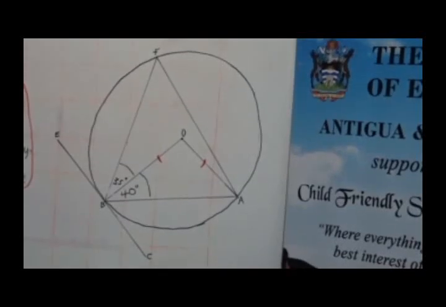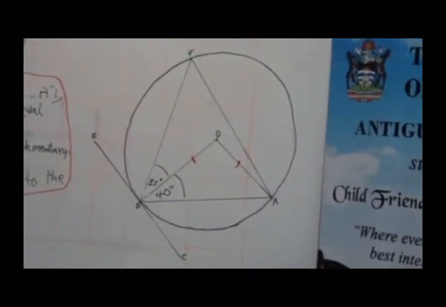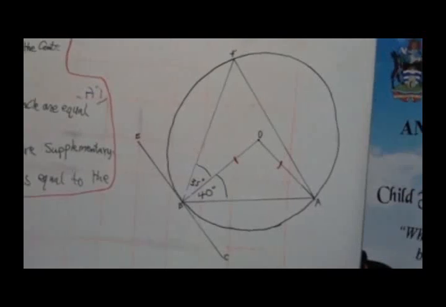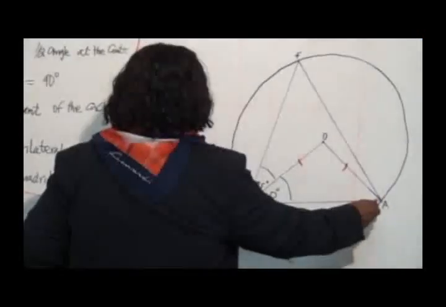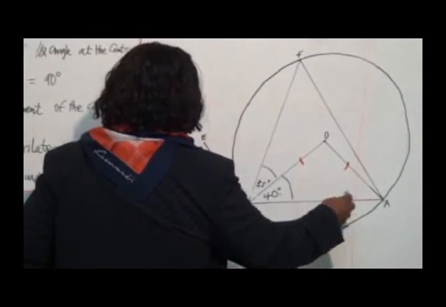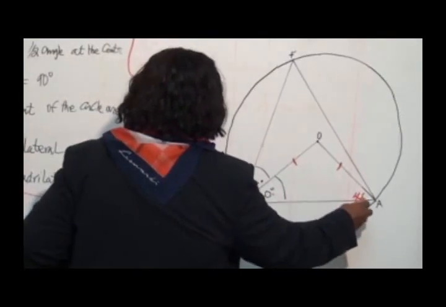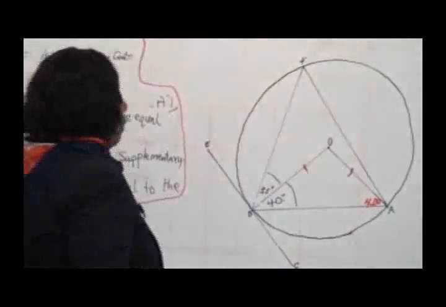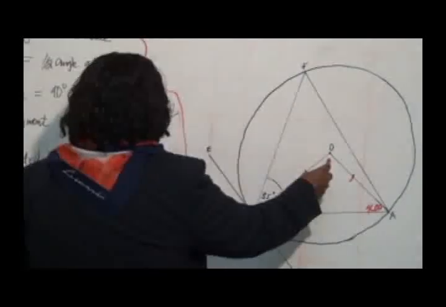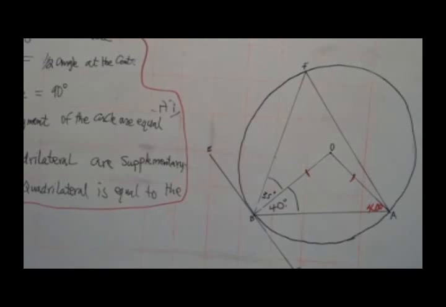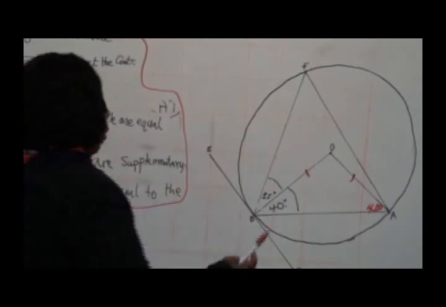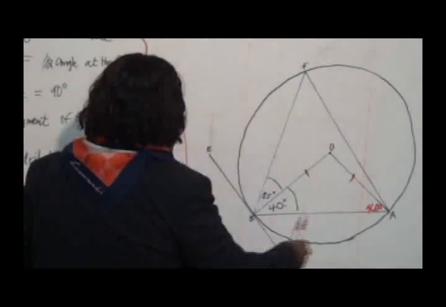Once that line is equal to that line, what do we know about the angles? Equal. The base angles are equal, because if this is 40 degrees, this would also be 40 degrees. And if that is 40 degrees, what is this angle equal to? It should be 100 degrees, because we have a triangle OBA.